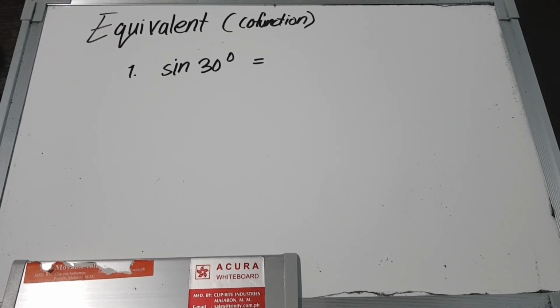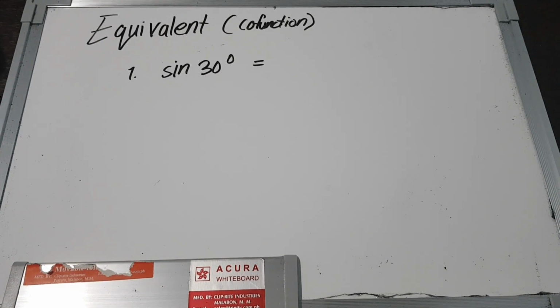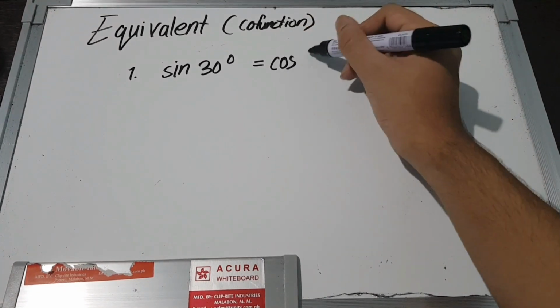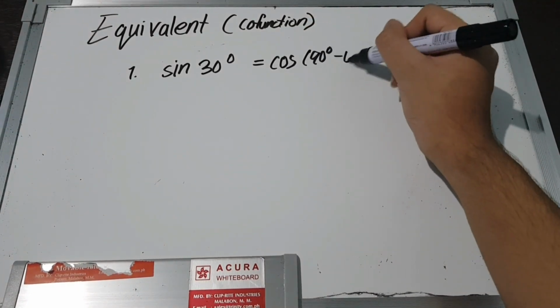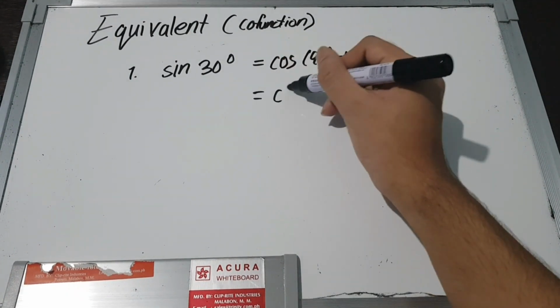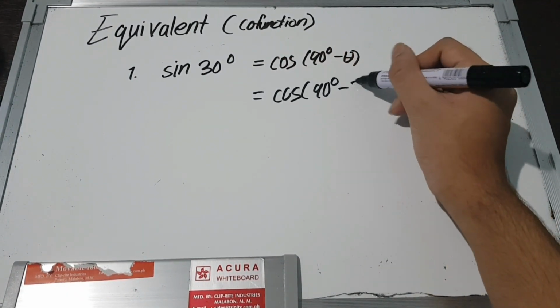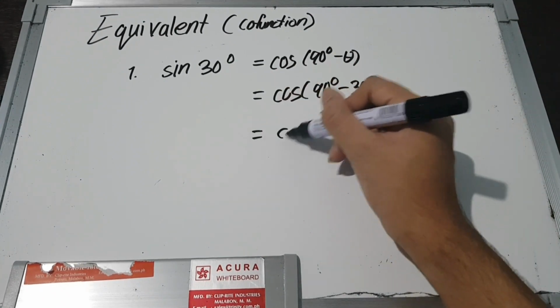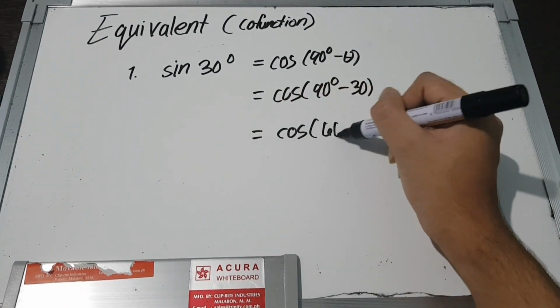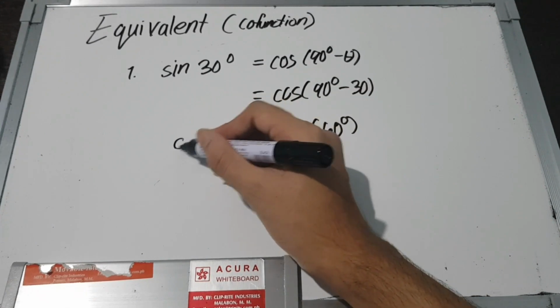Equivalent cofunction. Consider this example. Sine 30 degrees. Its cofunction would be cosine 90 degrees minus theta. This will be cosine 90 minus 30, or cosine 60 degrees.